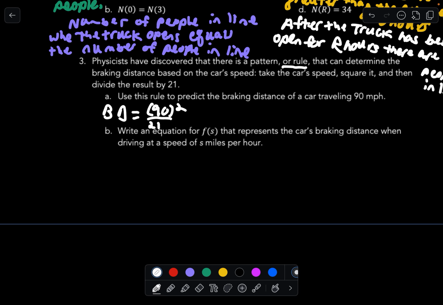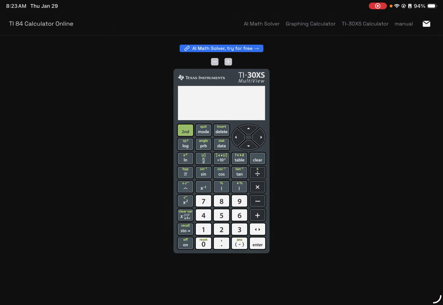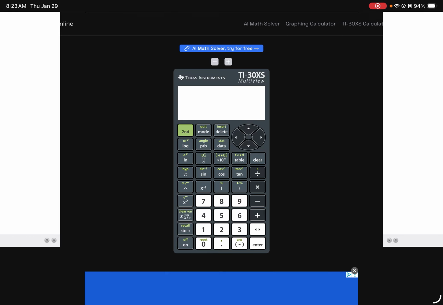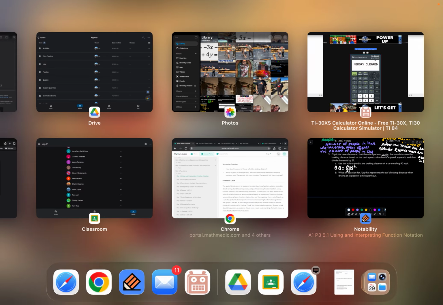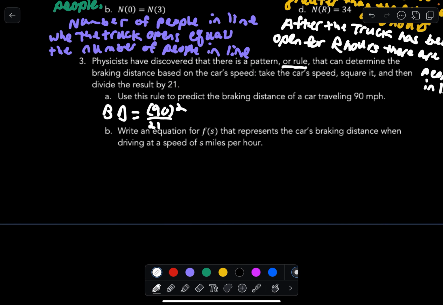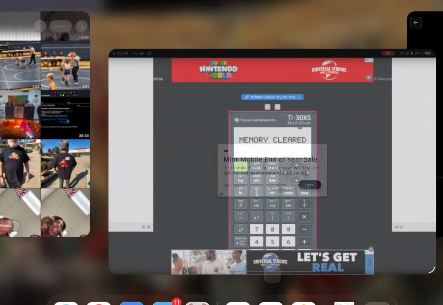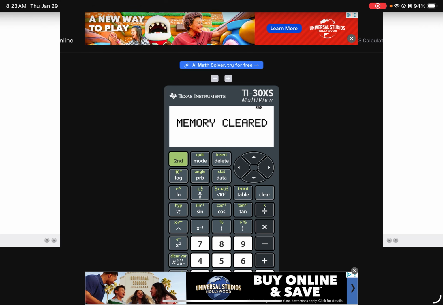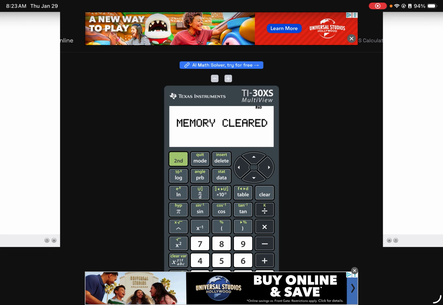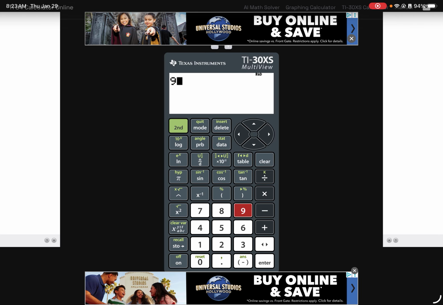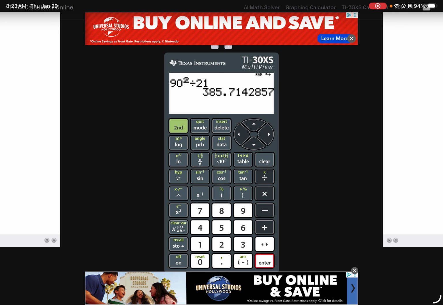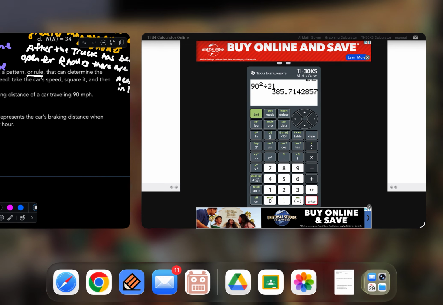So if you use your calculator, it comes out to be 385.71 feet.